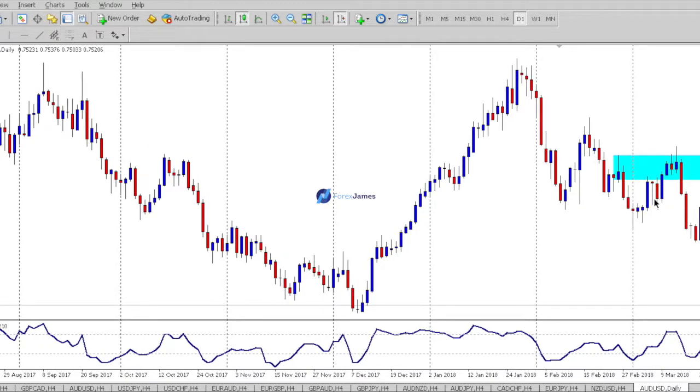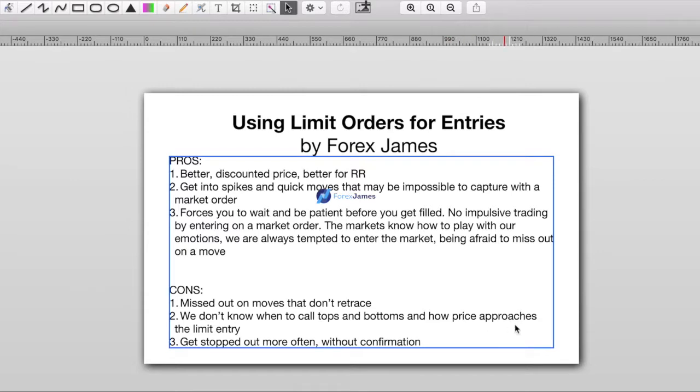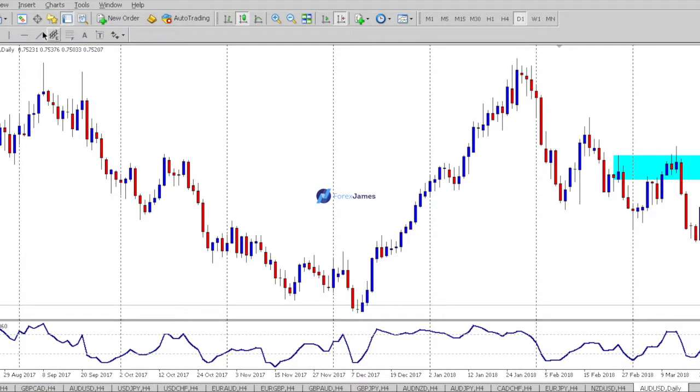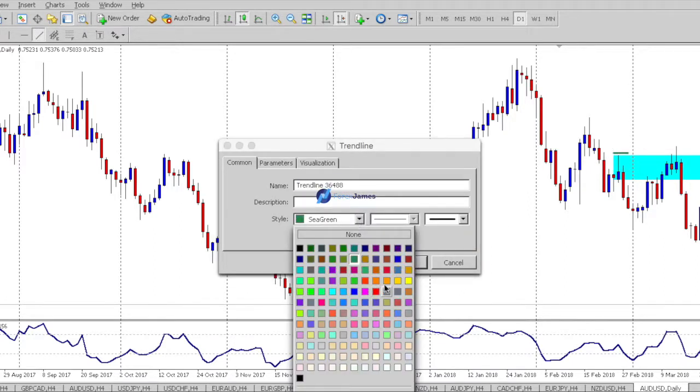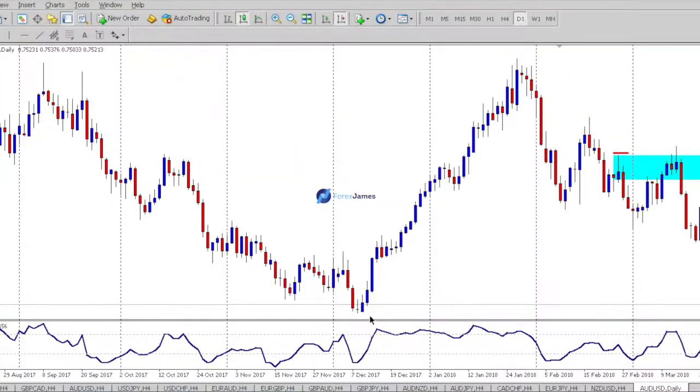So, of course, price made another push to the upside, takes out all the stops here before finally going to the downside. So this is what I meant by not being able to see the approach of the market, and we don't know when to call tops and bottoms. Because essentially I'm calling this the top here with my stop loss right there. Alright, and you get stopped out.